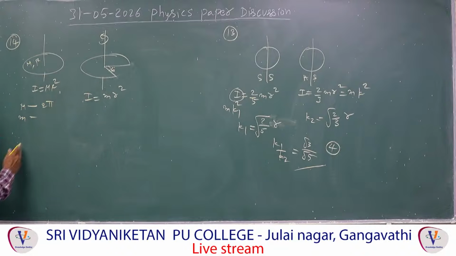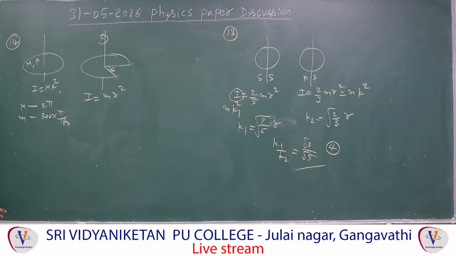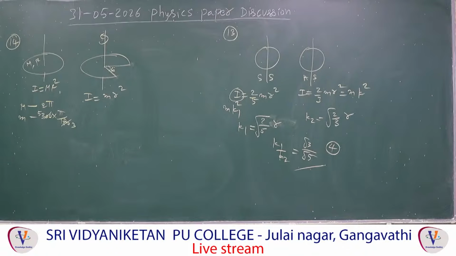So 60 degrees removed means the remaining value is 300 degrees. 300 into pi by 180 is the radians. So how much value do we get? Cross multiplying, like 5 times this value 3: 5 pi by 3.